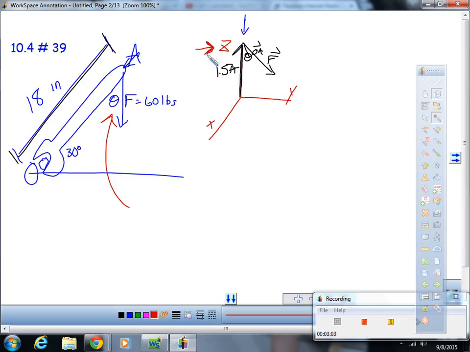So here goes nothing. We can let OA, remember, OA is here. So we're going to let OA be 0, 0, 3/2. That's the length of OA.